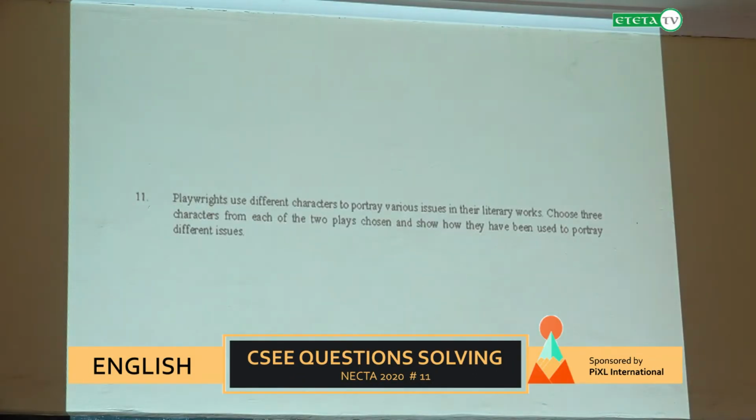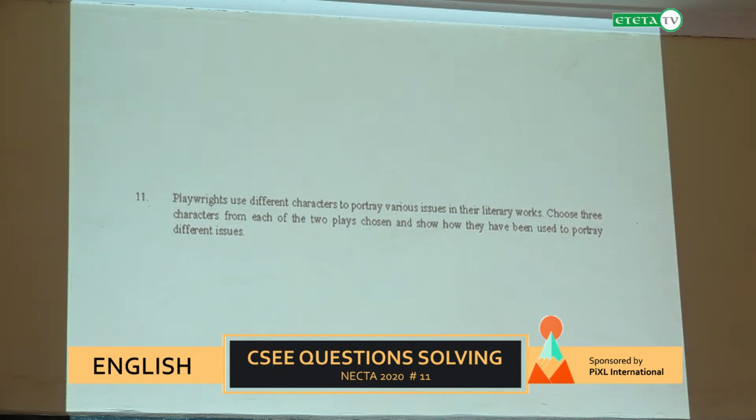Class, can you try to identify an important word or a key word that should be defined before starting to answer this question? Who can try? Yes?